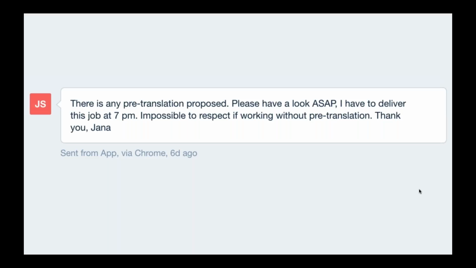So there was no pre-translation proposed, and we were overloaded with this kind of request. As you can see, no pre-translation. "I have an impossible deadline to respect, and I cannot do it without machine translation." So translators are considering machine translation as a benefit to deliver more words and accelerate turnaround times. Yeah, exactly, that's correct.